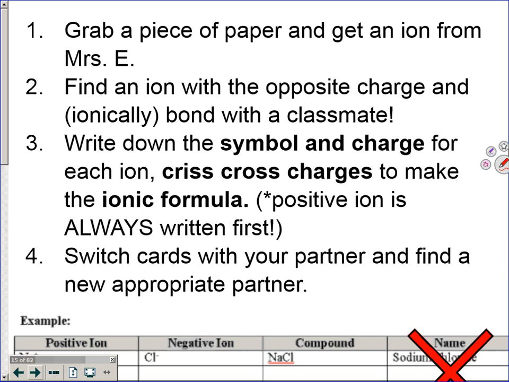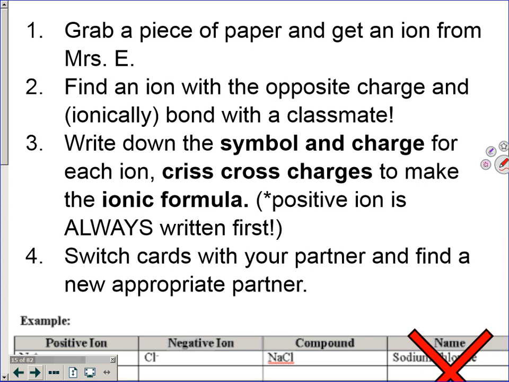Write down your formula. Oh, yes. Non-metal. I need a non-metal. Yeah, but you have... I know.